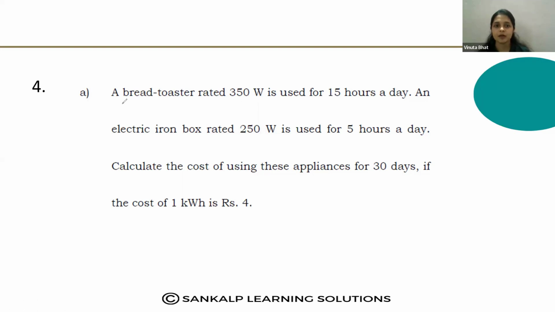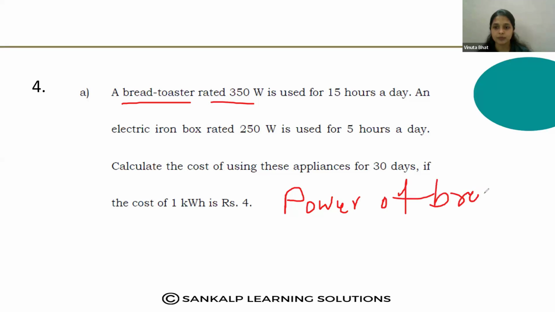Here rated 350 watt. So what is the power of this bread toaster? That is 350 watt. And what is the time per day? That is 15 hours per day.